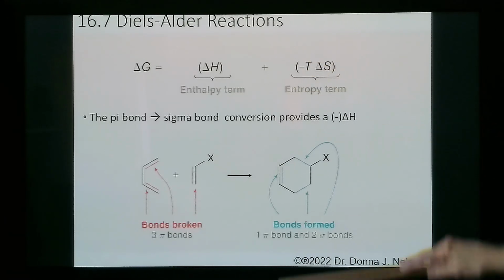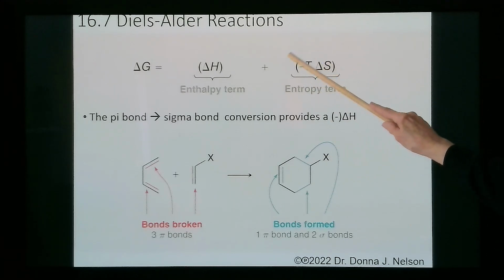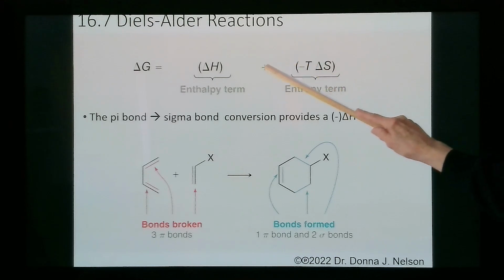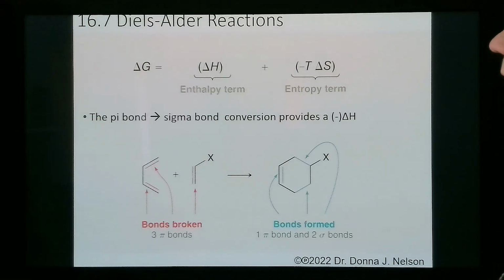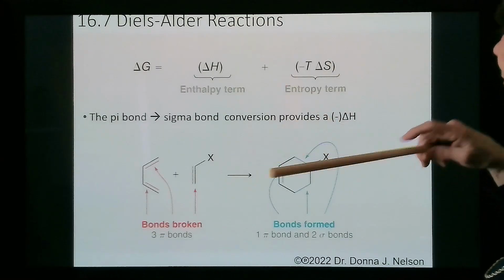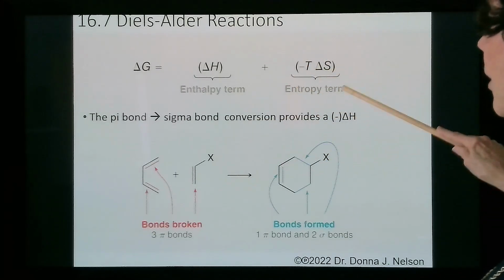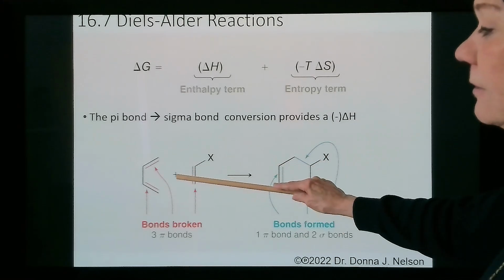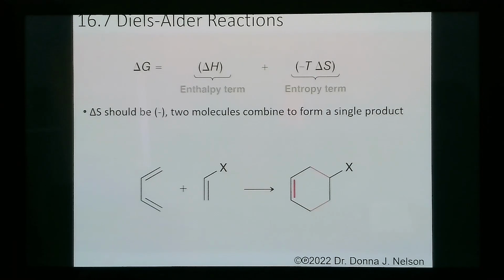And like we said earlier, at lower temperature, this term will not be very important. And so the forward direction will predominate, the forward reaction. However, at a very high temperature, this entropy term will predominate. And so that means that the retro reaction will predominate.